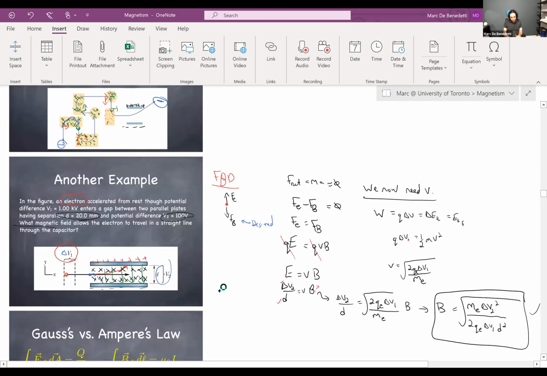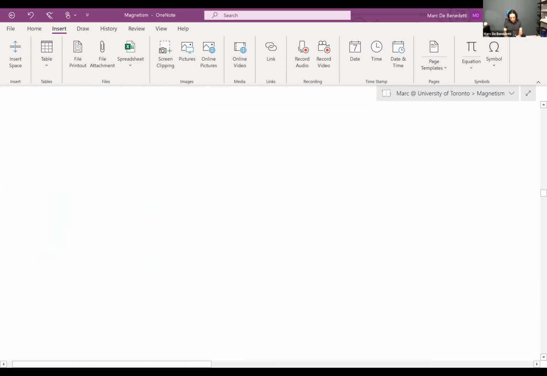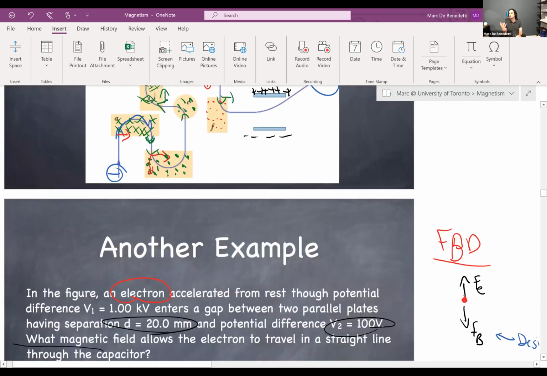So here we are. We have left off. Yesterday we talked about a really cool application of a combination of electrostatics as well as magnetostatics. We did mass spectrometers, or you can call them mass selectors, either way.